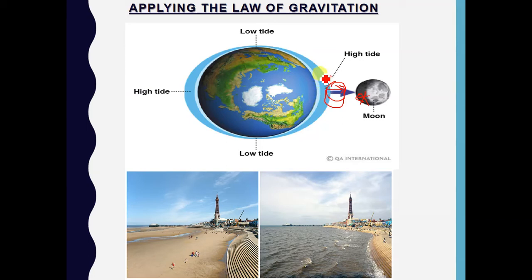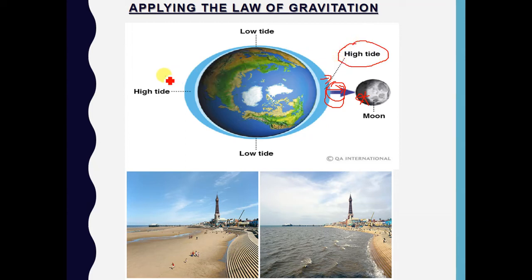This bulge we call high tide. The ocean water will stretch, will go outward a little bit because of this attraction, the pull of the moon. So this bulge, we call it what? High tide. Now we understand that we have one high tide.